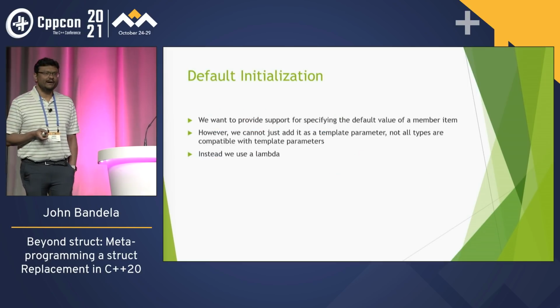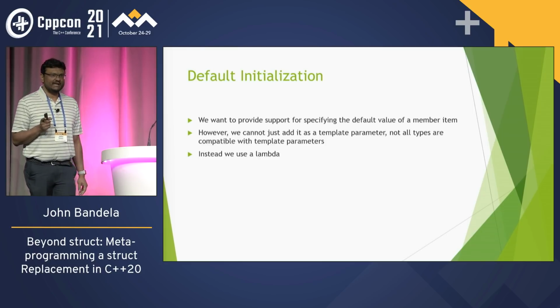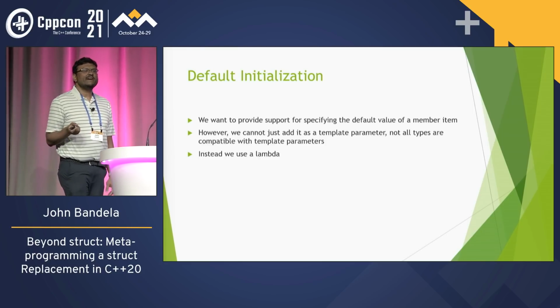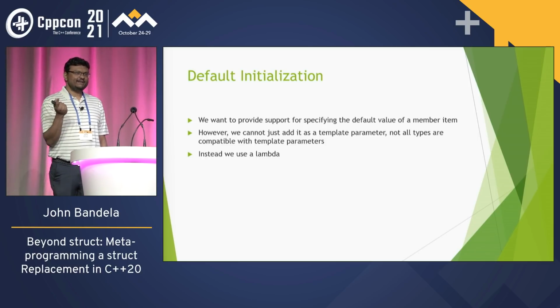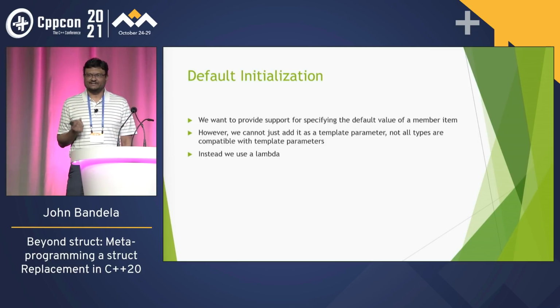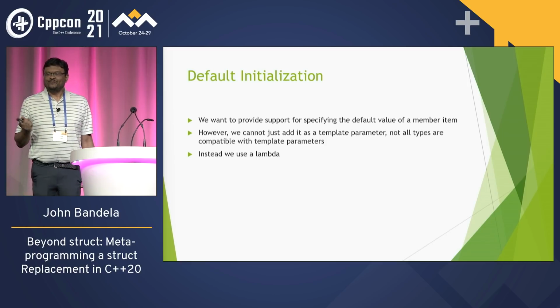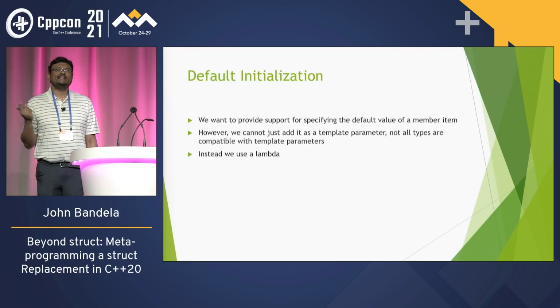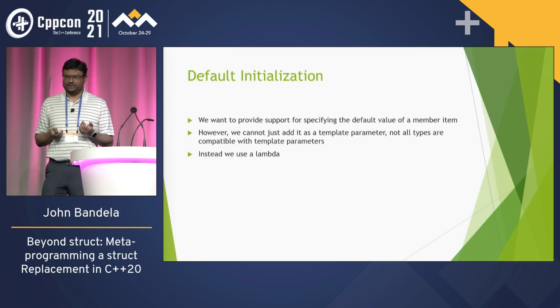Default initialization, right? So non-static data member initialization, we'd like to provide some defaults. And we'd be tempted to say, hey, we can have non-type template parameters. Stuff in C++ is tongue twisty. We'd be tempted to add it just as a template parameter, but we can only put in some types, and we'd like stuff like std string in there that don't have it.